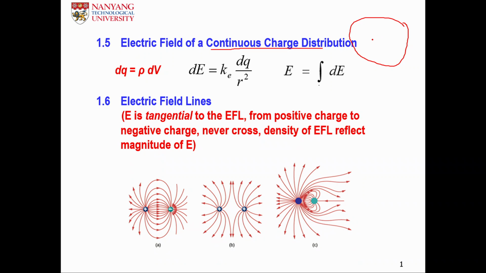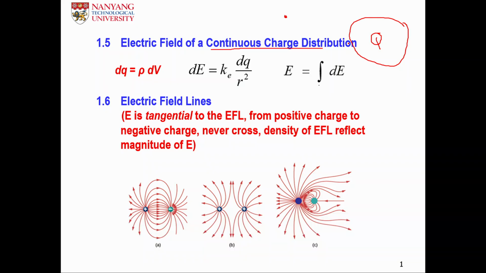If this is the case, let's say this is capital Q, we need to find out the electrical field E at this point due to this capital Q. Because now this total capital Q is not a single point charge anymore.